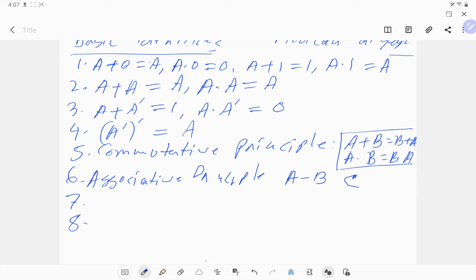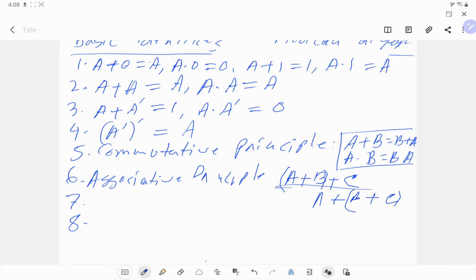Now A plus B plus C. We can apply a single operation at a time, but in this expression we have two operations, one between A and B and another between B and C. Which operation do we apply first? It doesn't matter, it's the same thing.